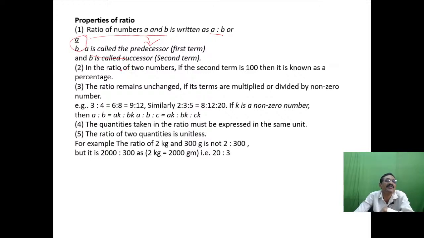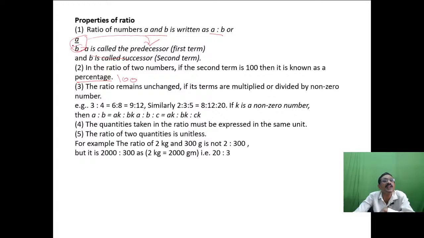So A is the first term and B is the second term. In the ratio of two numbers, suppose the second term is 100. What is it called? It is called the percentage, because percentage is always expressed in 100.